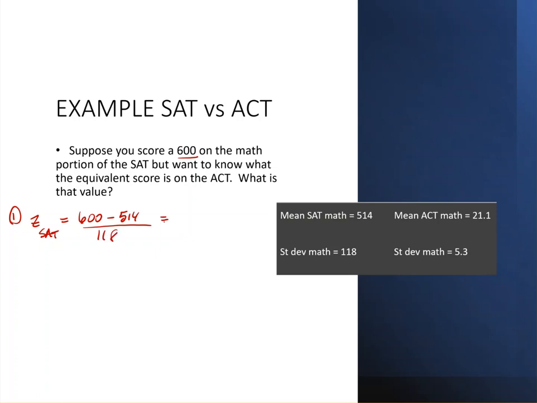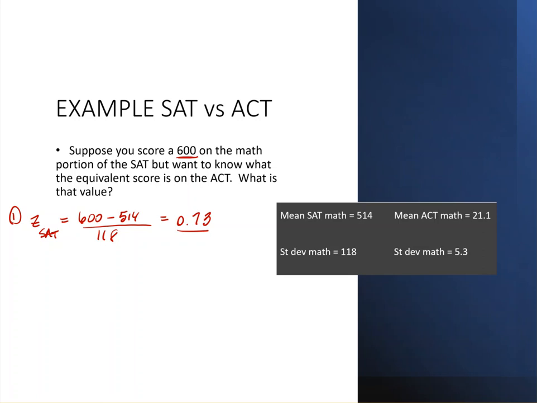And I can see that that value to 2 decimal places is 0.73. So this tells me that my 600 that I scored on the SAT is approximately 0.73 standard deviations away from the mean.